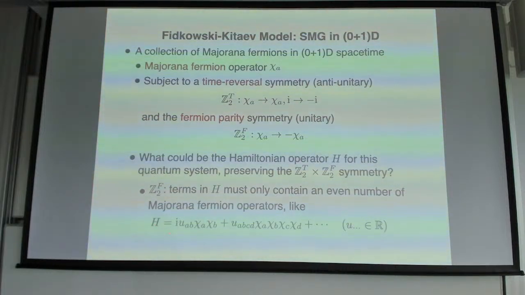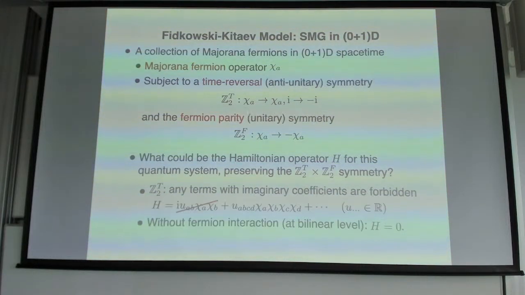So the Hamiltonian must take a form with a bilinear term, a 4 fermion term, a 6 fermion term and so on. And there will be a coefficient in front of every term, and this coefficient u is real. Especially for the bilinear term, that means i times u, the overall coefficient, is purely imaginary. This is basically required by the hermiticity of the Hamiltonian.